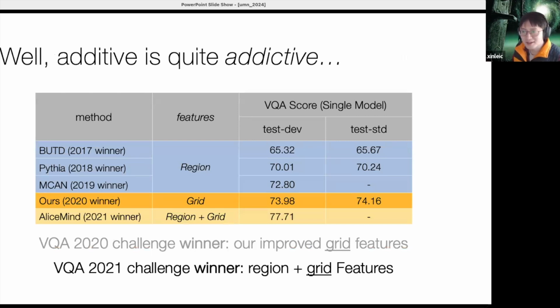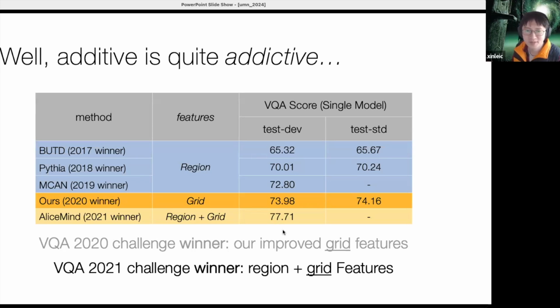But of course, that was not the end of the story. We find that additive research is still quite addictive. So the next year, and I think this is the last year when they hosted this challenge, someone came and used a combination of both region features and grid features, and they were able to boost the performance by a lot in the end.